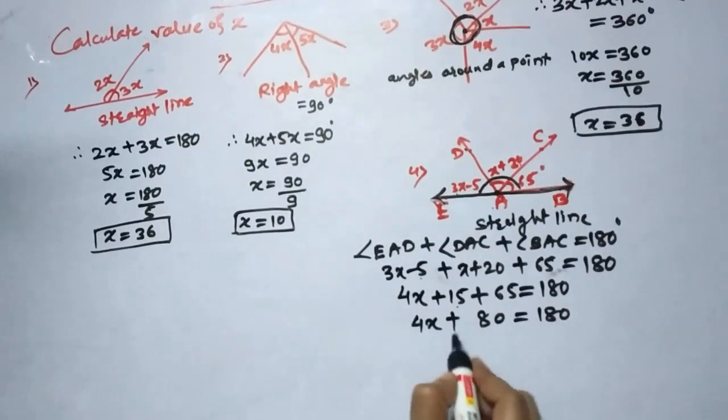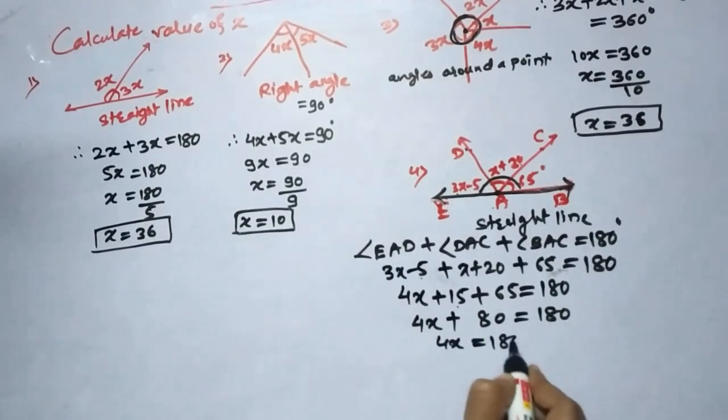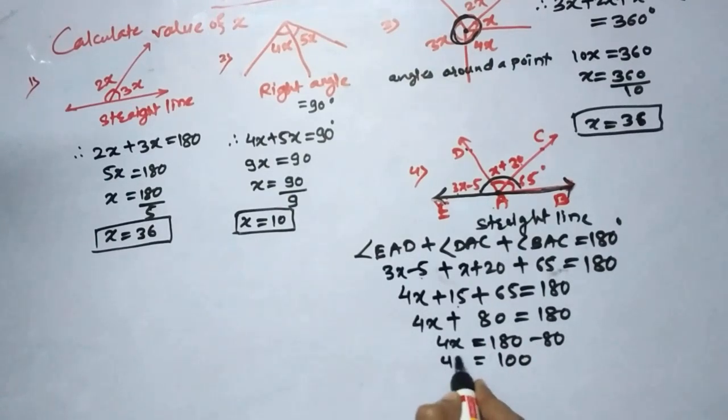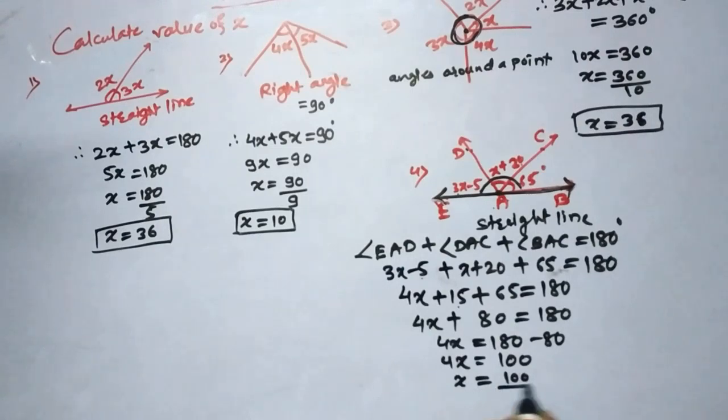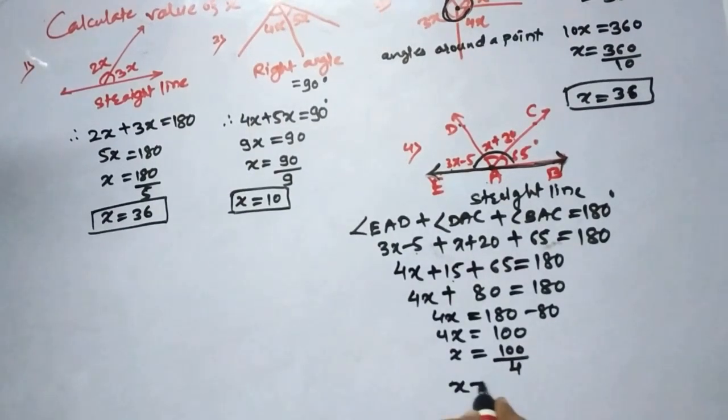Just solve it. 4x is equal to minus 80, plus 80 will go to that side and become minus 80. So friends, it is what, 100 degrees. So x is equal to 100 upon 4. So friends, we'll get x is equal to 25.